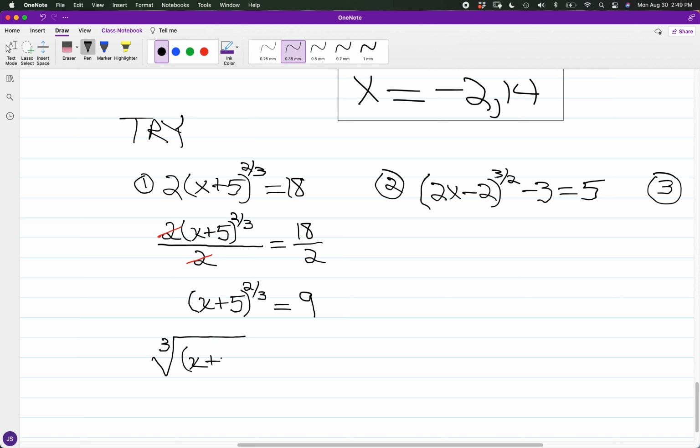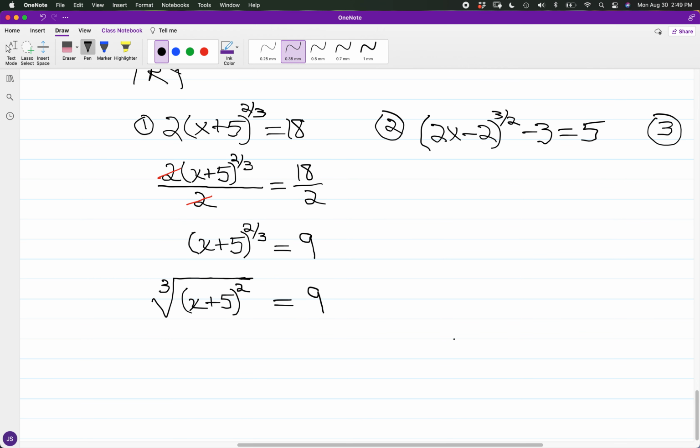So I have x plus 5 raised to the second, and we have this equal to 9. This is the radical notation translation. And I can take care of the cubic root upon cubing both sides.